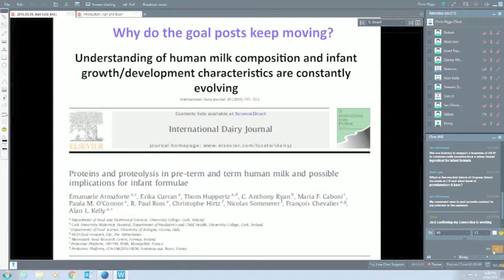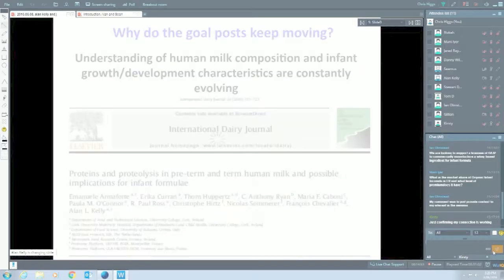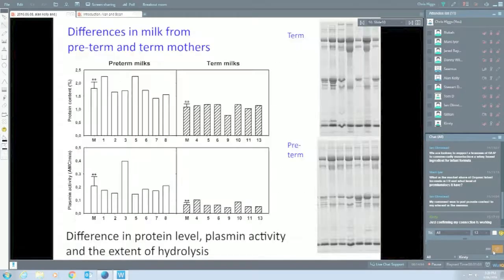We did some work a number of years ago, which we published in Cork, comparing preterm and term human milk, and in particular comparing protein profiles. Without getting too much into the detail, I'll show on the next slide the key point.